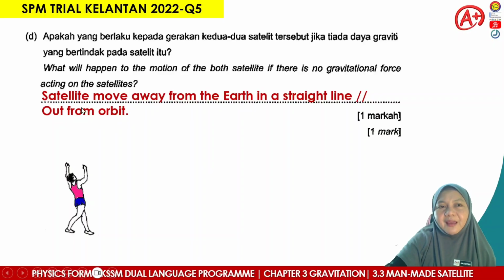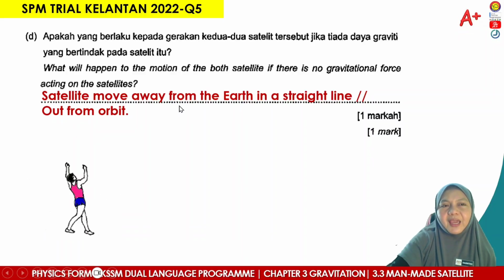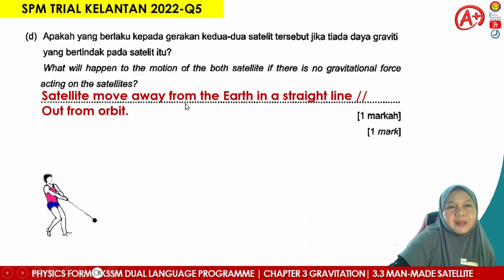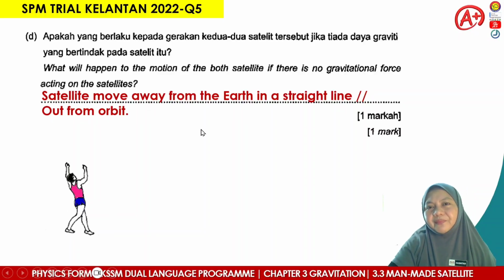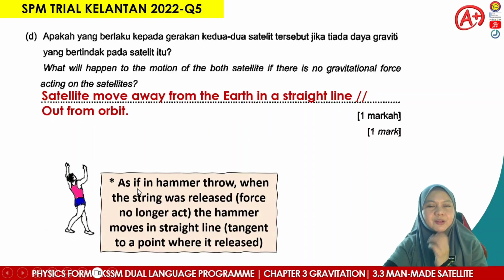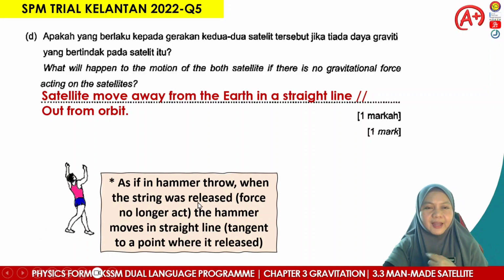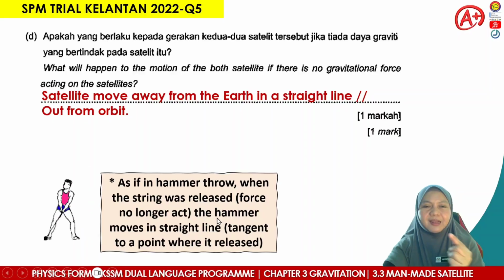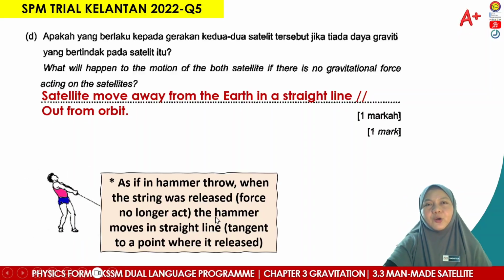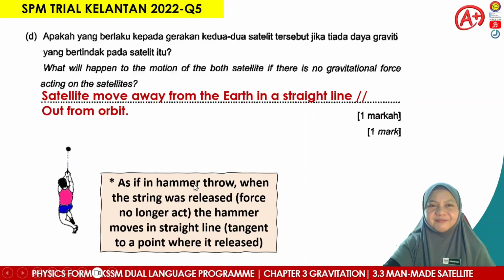So we say the satellite will move away from the Earth in a straight line, or you can say the satellite will move out of the orbit. Similar to this case, in a hammer throw, when the string is released, there is no longer any force acting, so the hammer will move in a straight line, tangent to the point where it is released.